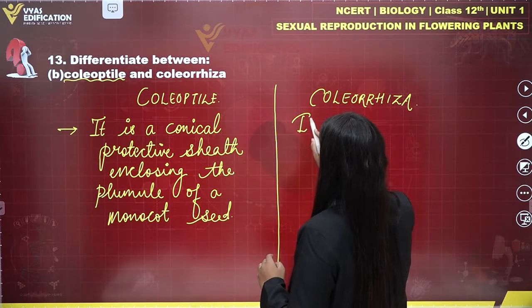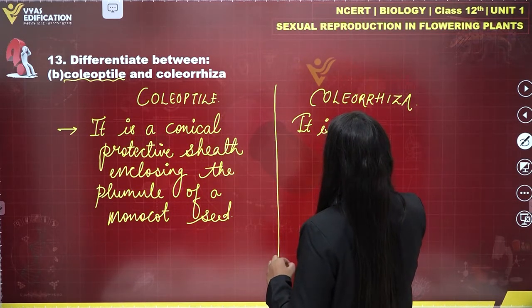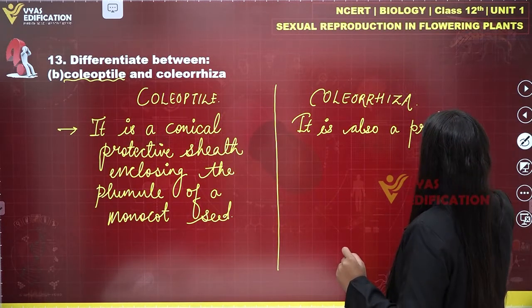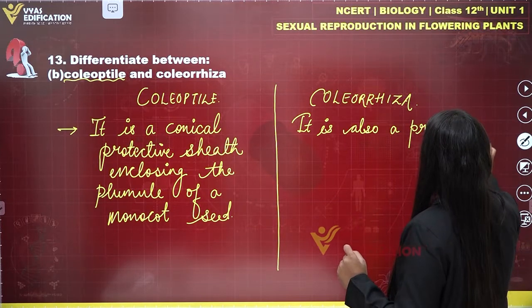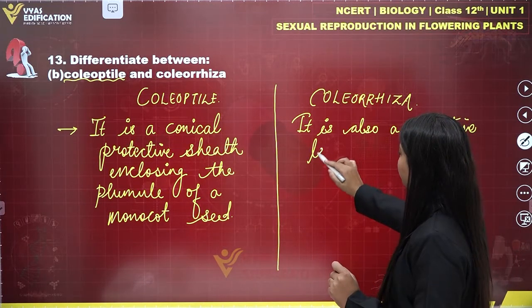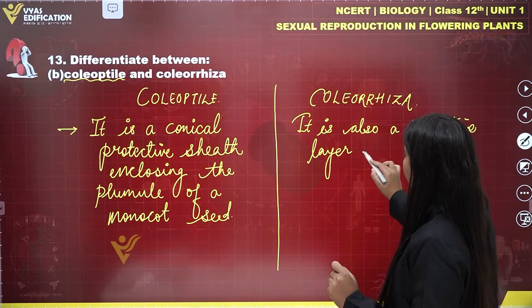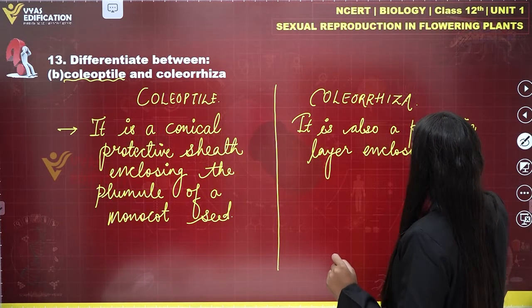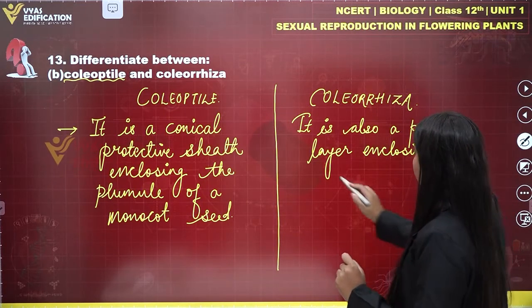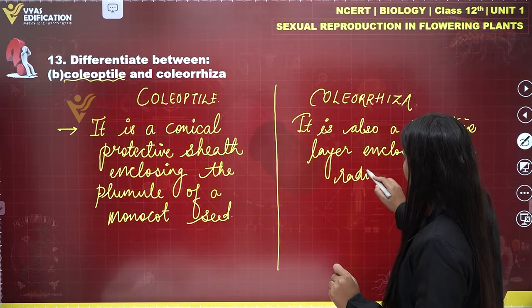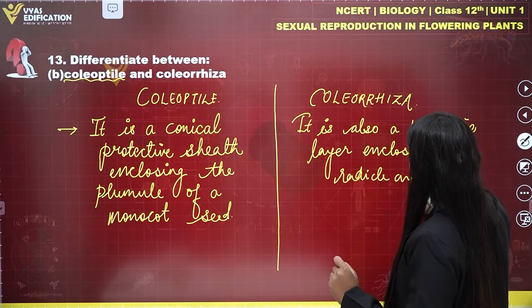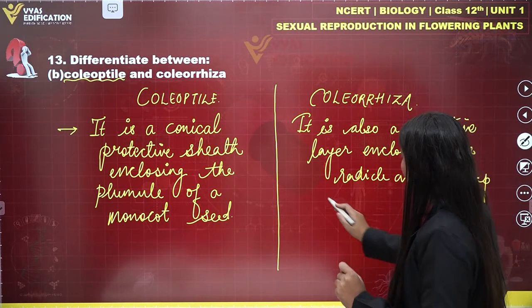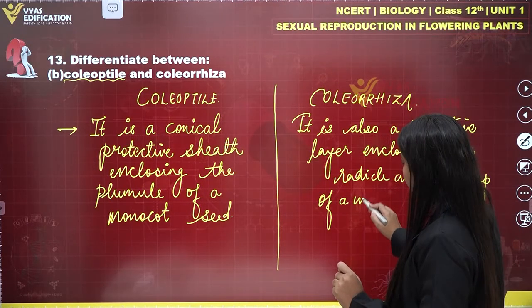So it is also a protective layer enclosing the radicle and root cap of a monocot seed.